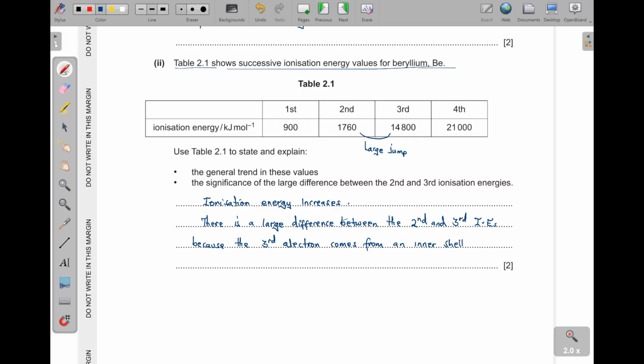That inner shell is nearer to the nucleus, so you receive a lot of resistance because of the attraction from the nucleus. So that is that.